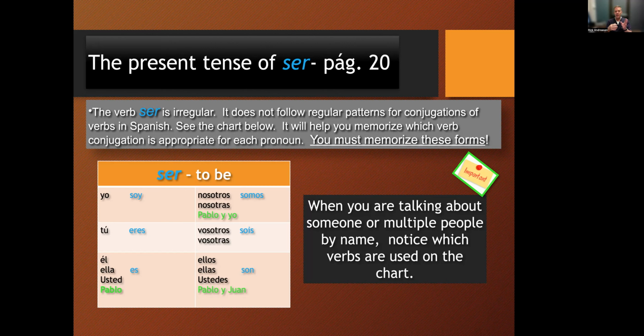You could even say, for example, tú y María sois mis amigos, right? So if I'm saying y'all and you're included in that, then that's the form of the verb ser. Ellos son, ellas son, ustedes son, Pablo y Juan son mis amigos. Anything that fits third person plural is going to be conjugated son. So again, we have soy, eres, es, somos, sois, and son.